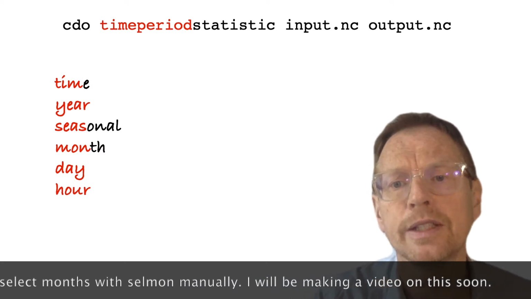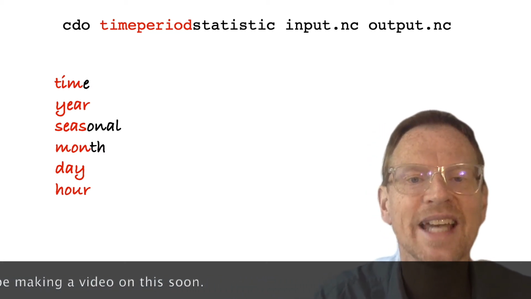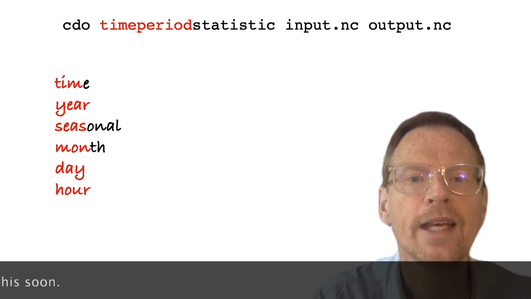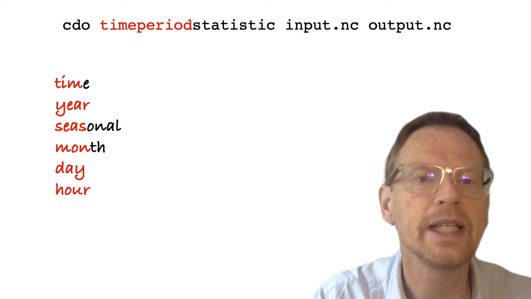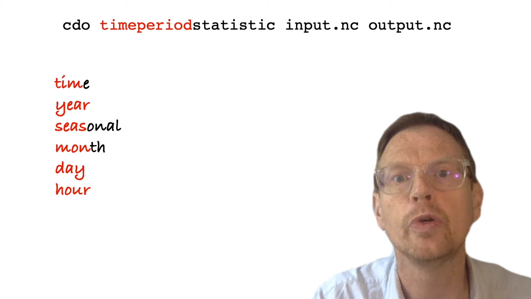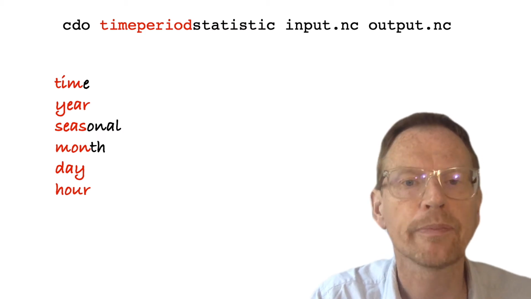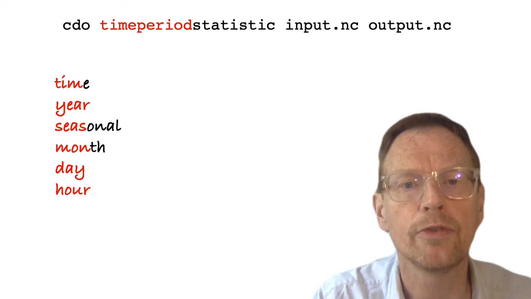Now in some cases the abbreviation is no shorter, day is simply day, hour is hour, that's easy to remember. Then for the other functions, time is normally abbreviated to TIM and seasonal to SEAS, month to MON. So you'll need to remember these abbreviations, but they're very straightforward.